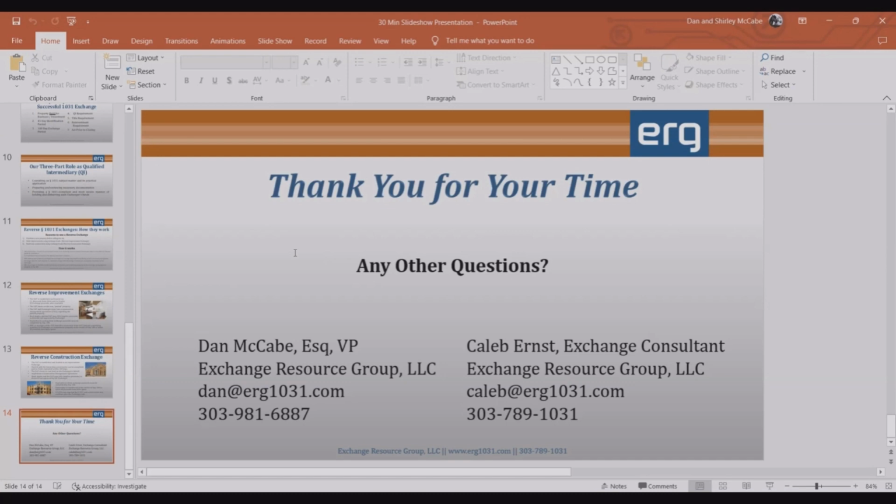Could you comment briefly, Dan, on the use of a DST, Delaware Statutory Trust, in a 1031? Not at all. Here we're gonna use some more language here, gang. So bear with me because I'm going to define them first. A DST is called a Delaware Statutory Trust.